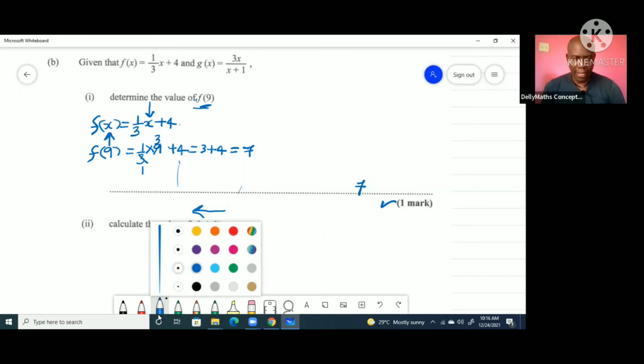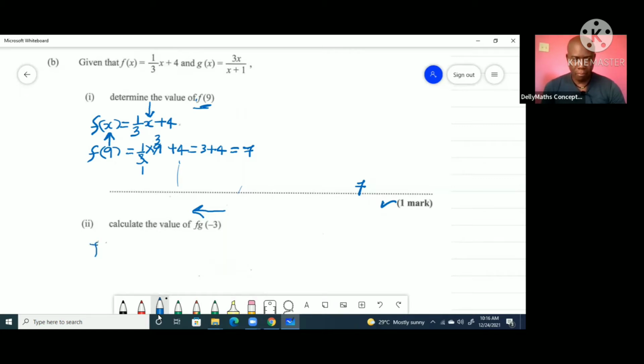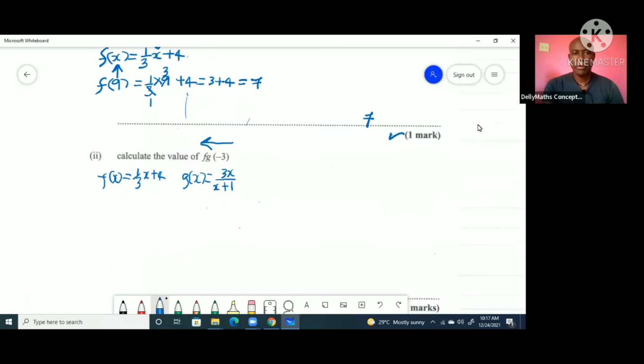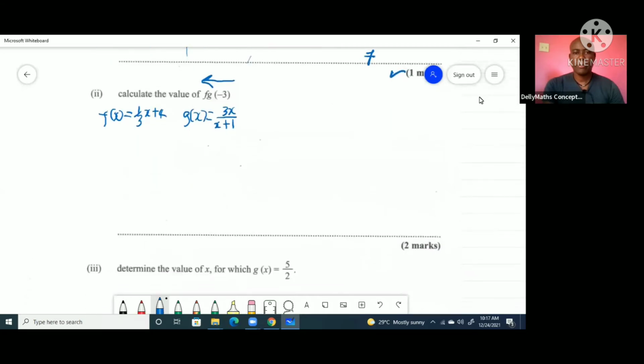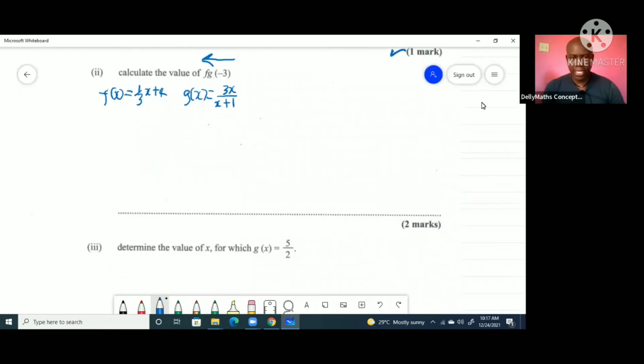It is said that f of x is equal to 1/3 x plus 4, while the g function is equal to 3x all over x plus 1. So we're going to do our substitution right about now. Those are the functions.